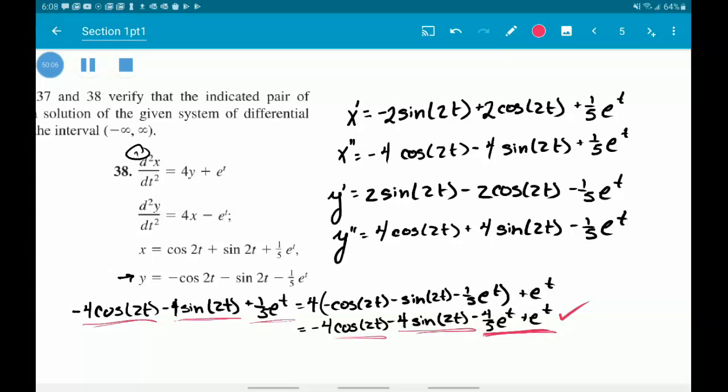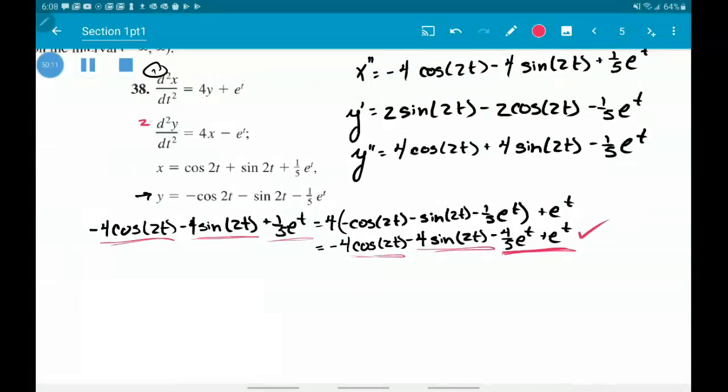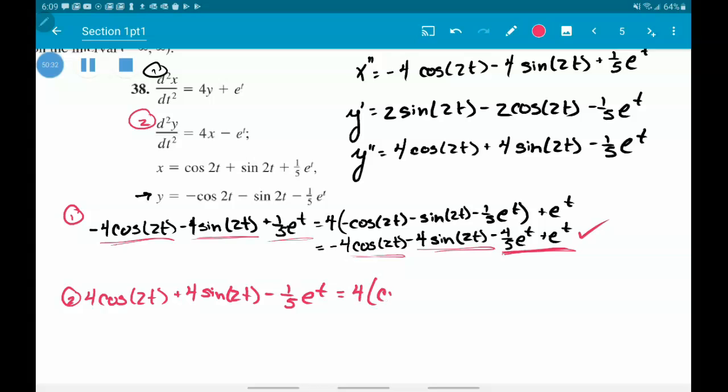And now we can do the same thing with the second. So into that second equation we go. We have 4 cosine of 2t plus 4 sine of 2t minus 1/5 e to the t as our y double prime. And that's going to be equal to 4 times x. X is cosine 2t plus sine of 2t plus 1/5 e to the t.